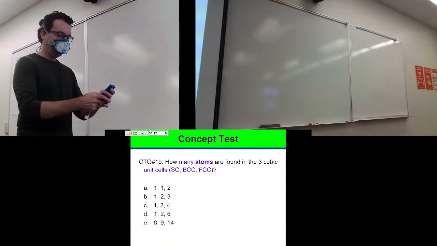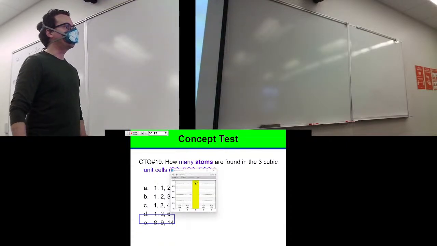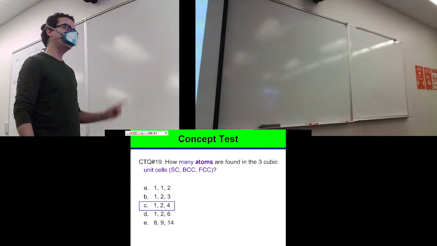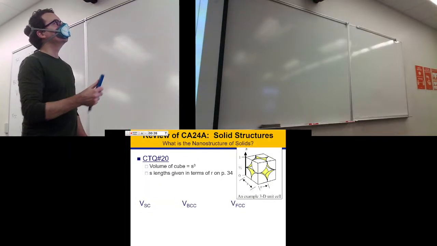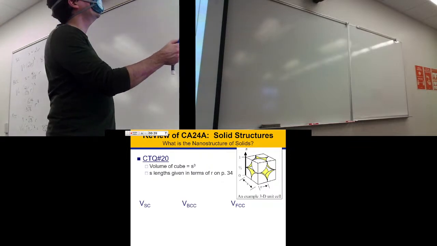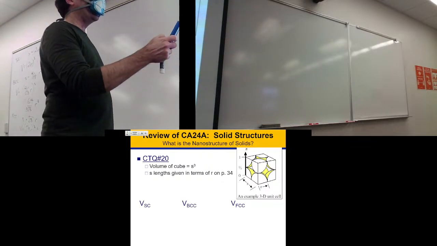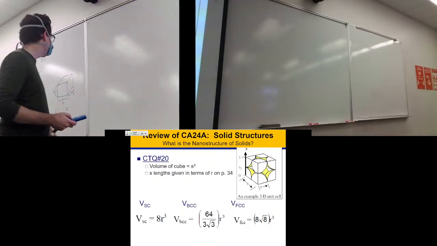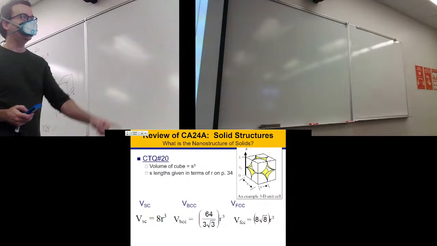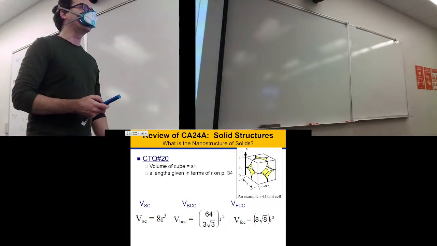All right, so excellent. 1, 2, and 4, not 1, 2, and 3. So number 20 we just did. Trying to stop this. Here we go. And so you get these results, and yeah, you could simplify FCC a little bit more than that, but that seems to work.